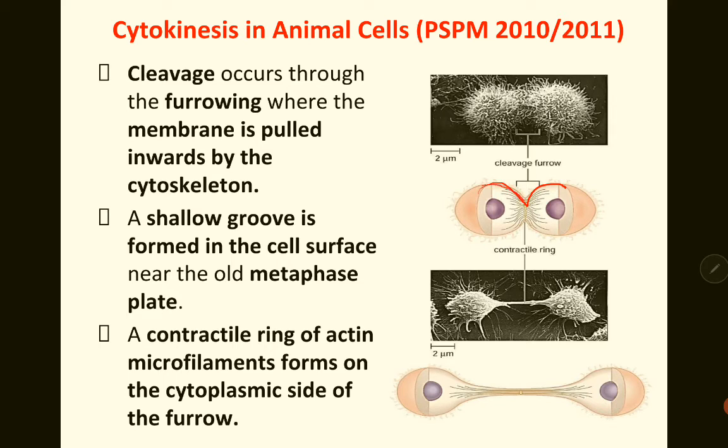A contractile ring of actin microfilaments forms on the cytoplasmic side of the furrow. Eventually they will be pulled and shortened until the two cells are separated.